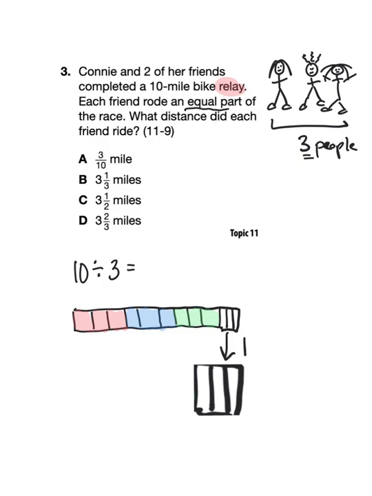So 1 remaining mile divided by 3 equal pieces gives us 1/3. Okay, so 10 divided by 3 equals 3 1/3, which is here.